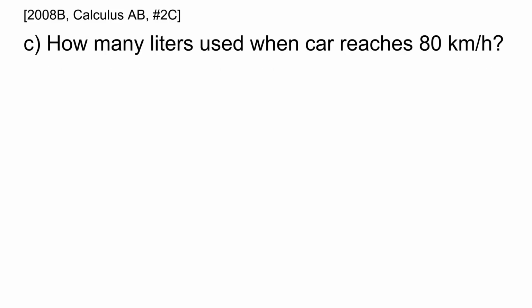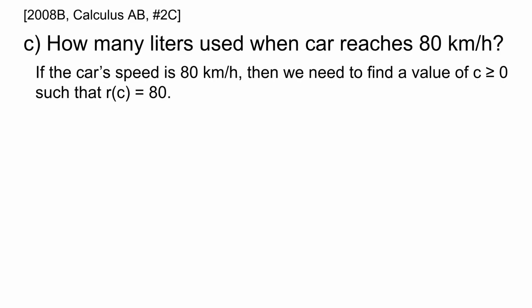In part C of this question, we are asked how many liters are used when the car reaches 80 kilometers per hour. All right, so if the car's speed is 80 kilometers per hour, that means we need to find a value of c greater than or equal to 0 such that r of c is equal to 80.